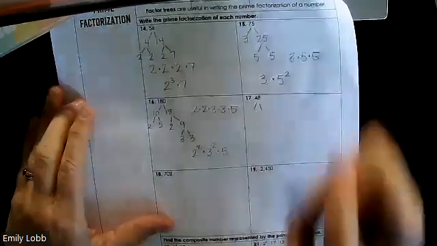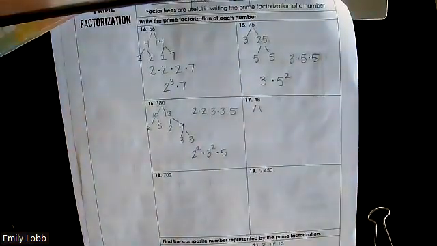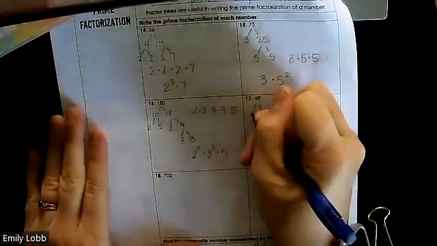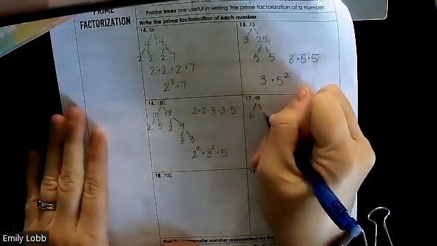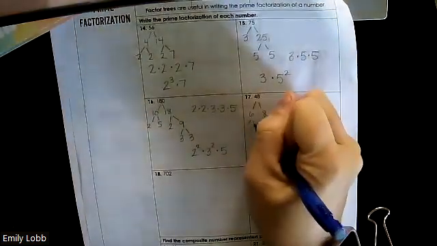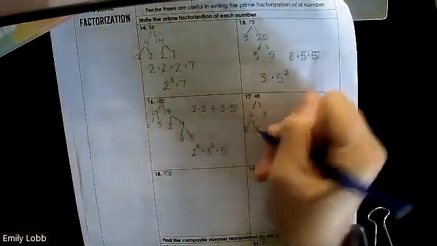48. Think of two numbers. What can we use? 8 and 6? I'll take it. 9 won't work. It does not add up to 9. All right. Is 6 prime? No. What two numbers can we multiply to make 6? Good. So 2 times 3 is 6.